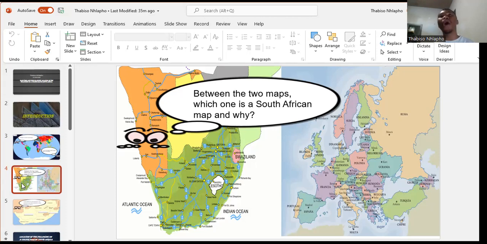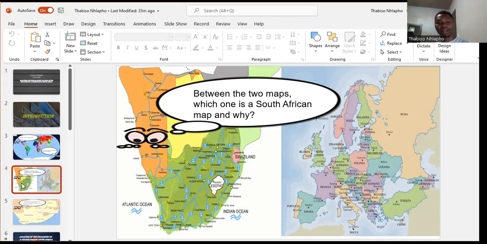Can somebody who agrees with Bradley about the map on the right being South African map, who agrees with him? Okay, since there is nobody who agrees with Bradley, who disagrees with him and why? Keleto said the map on the left is a South African map. Keleto, do you mind telling us why you say this is a South African map?